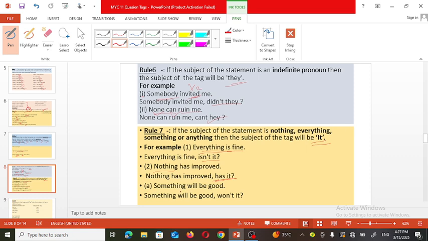Another example. Something will be good. It means a positive sense. So instead of will not, won't. Won't it? I hope you are able to understand that when the subject is nothing or everything or something, in such cases we can use the pronoun it. And when the subject is indefinite, in that case we can use the pronoun they in the tag.